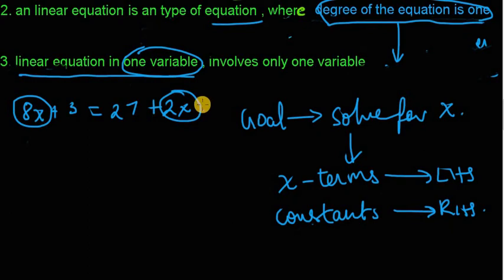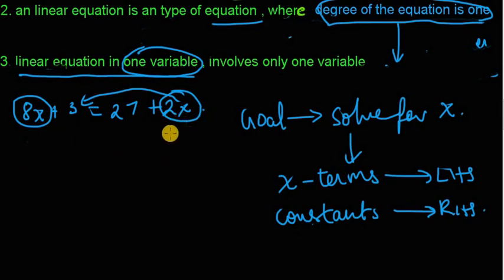The things which have variables should be shifted to the left hand side, and the constants, the numerical numbers, should be shifted to the right hand side, in order to segregate them. So let's do it that way.